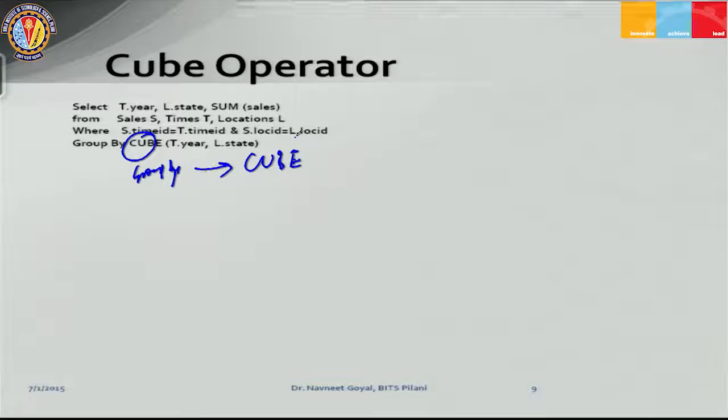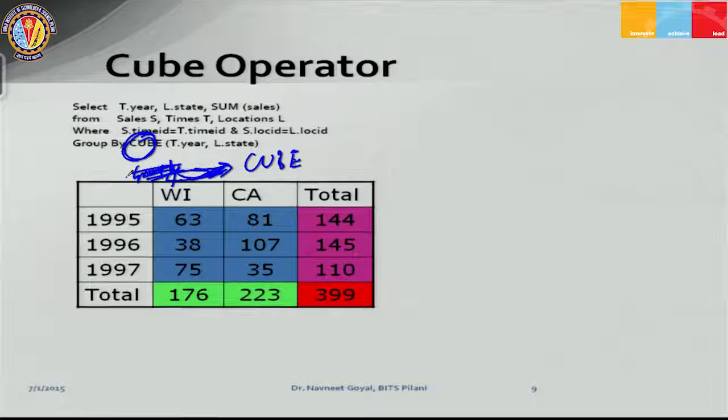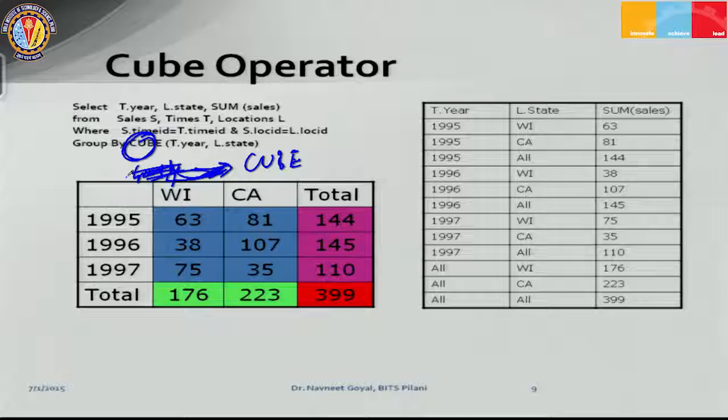So it is group by cube. This is a new keyword that I am associating with this. Earlier it was simply group by t.year, l.state. Now let us see what this generates. This would generate this crosstab for you, not in the format that you're seeing, but all the data elements are generated using this cube operator.